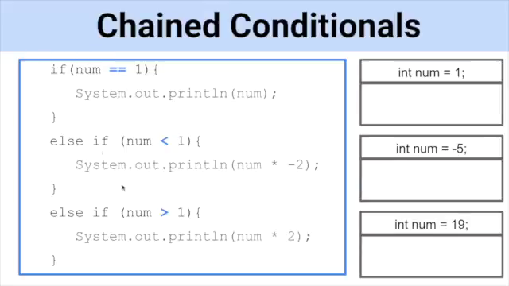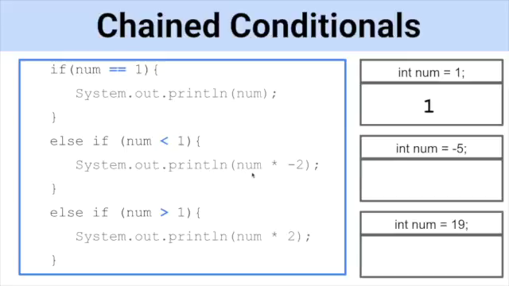And so I just did a sample code here. If it's equal to 1, it's just going to print the variable, which we would expect to be 1. Then there's an else if statement. So if that's not true, it's going to pop down here. Then it's going to say, well, is the number less than 1? And if the number is less than 1, it is going to print.